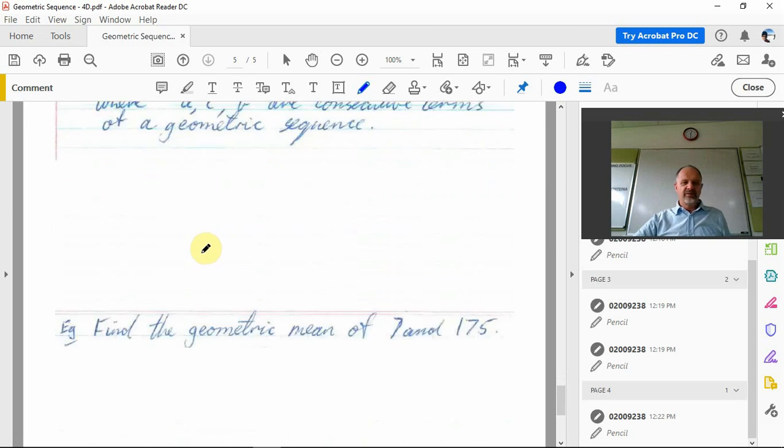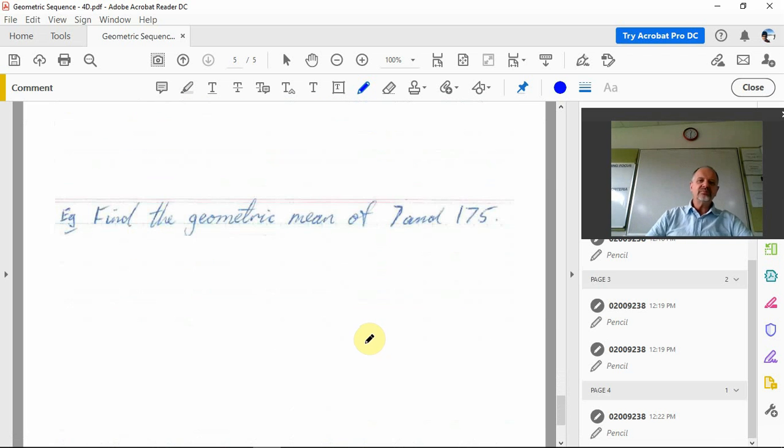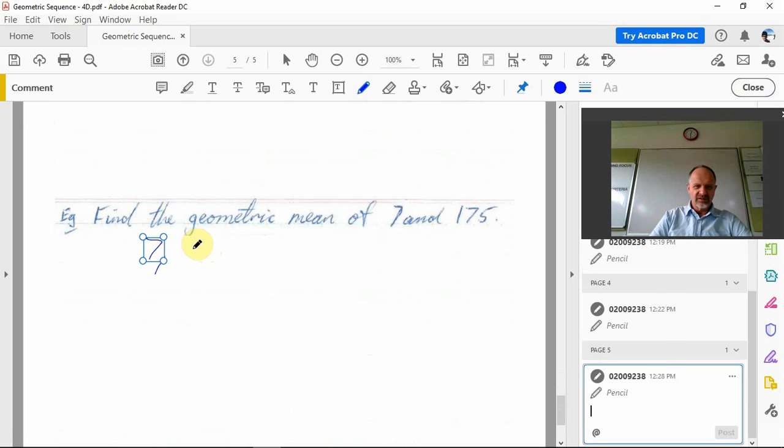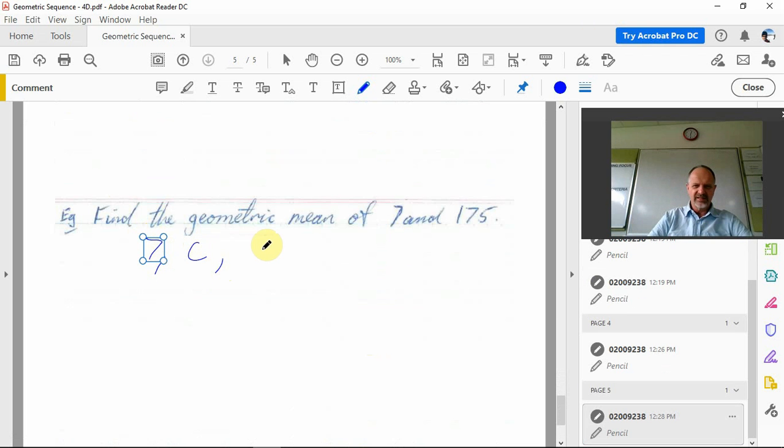So here's an example. Geometric mean of 7 and 175. So what that means is we've got 7, we've got some other number, we'll call that C, and we've got 175.